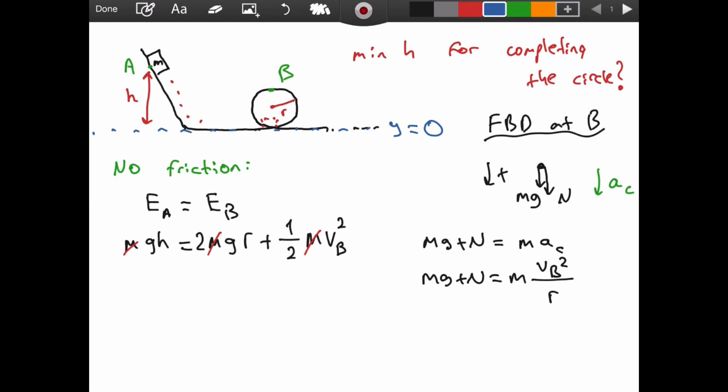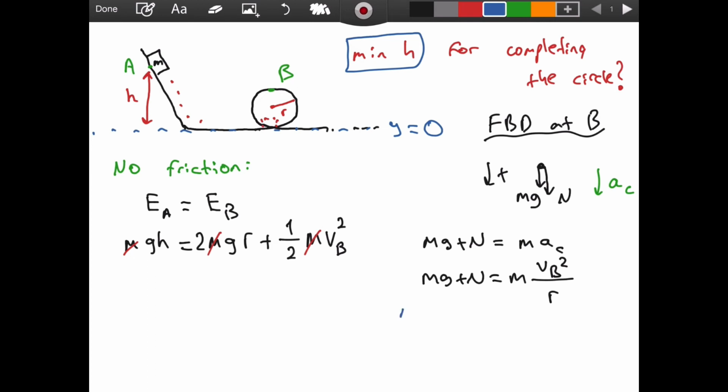But in fact, we don't need to do that, because remember, we are interested in the minimum h case. So what is the minimum height that we need so that our block makes it through the circle? It needs to make it barely, okay? This means when we come to point B, our block will be at the edge of falling, since we are interested in the minimum h case.